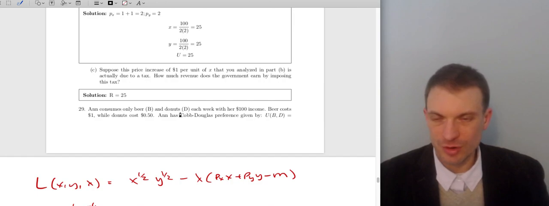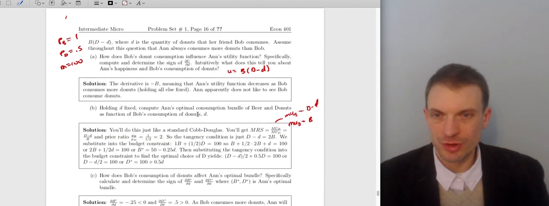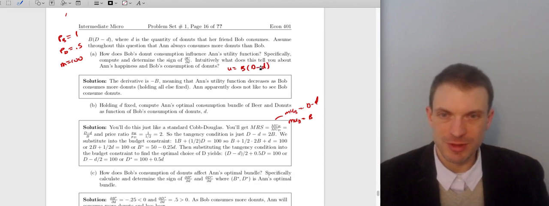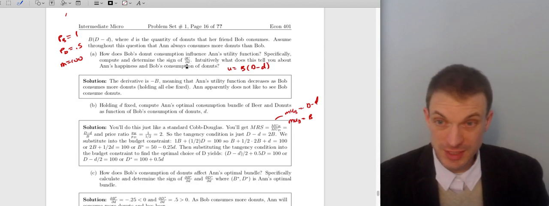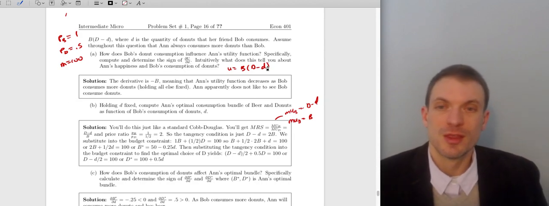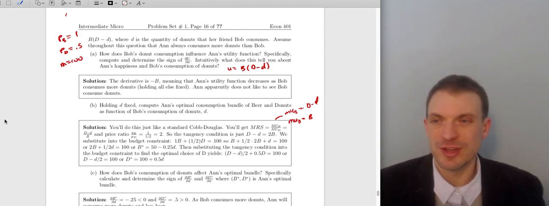Ann's consumption of donuts was capital D, and Bob's consumption of donuts was little d. So it's going to be this minus 1 is the partial. The partial I'm going to take is dU/dd. So that's where this minus B is coming from. All right, so this means Ann's utility function decreases as Bob consumes more donuts. Other things equal, apparently Ann does not like to see Bob consume donuts.